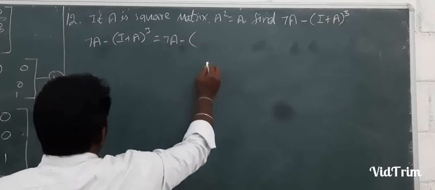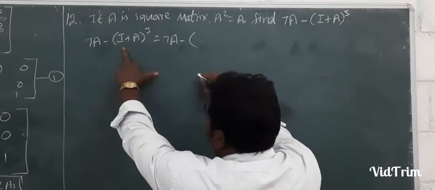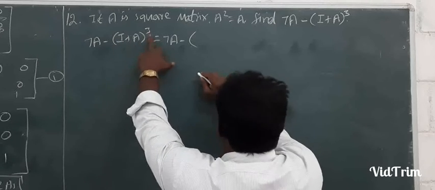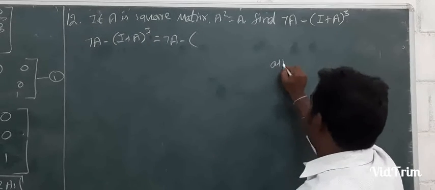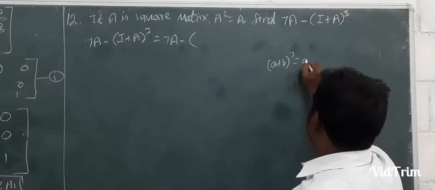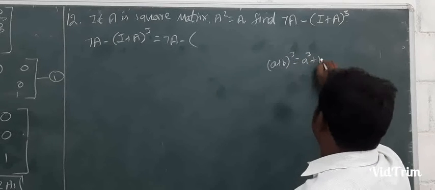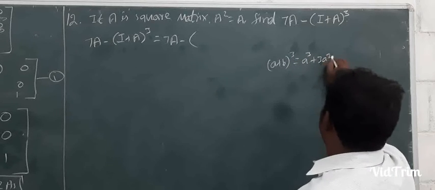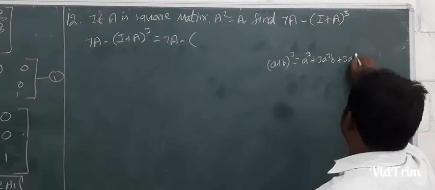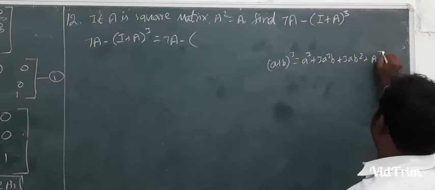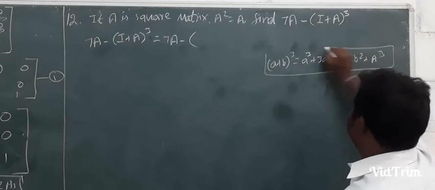There is the formula for (a plus b) the whole cube: a cube plus 3a square b plus 3a b square plus b cube.